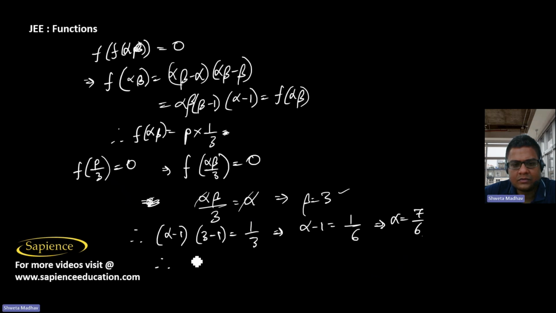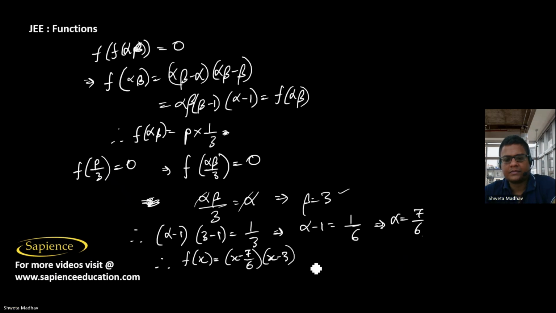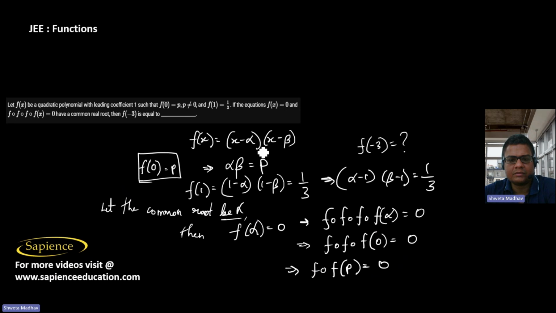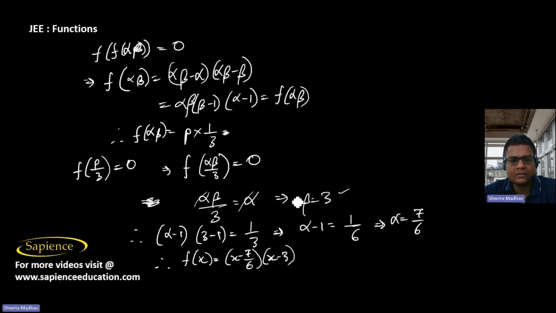So therefore now f of x is equal to x minus 7 by 6 into x minus 3, since alpha is 7 by 6 and beta is 3. So therefore f of minus 3 we have to find out. So that will be minus 3 minus 7 by 6 into minus 3 minus 3.